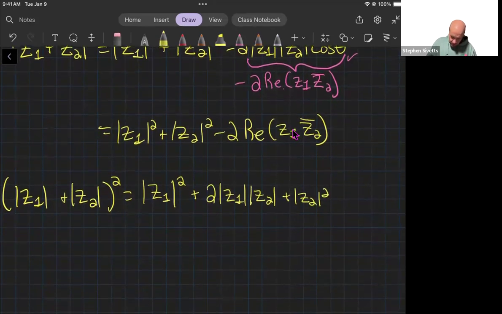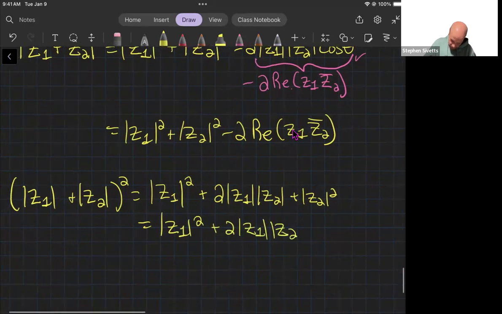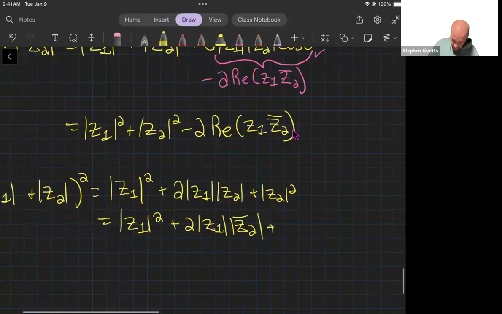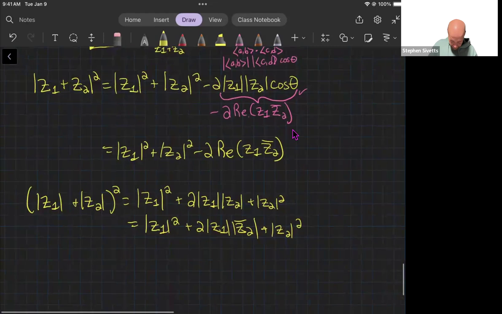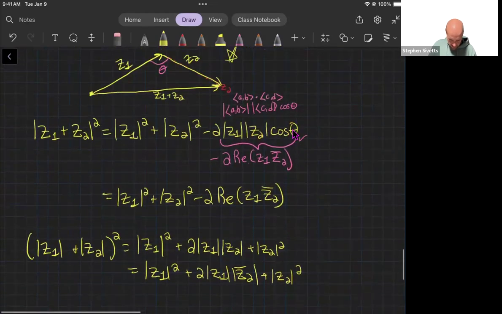And we can also rewrite this as the modulus of Z1 squared plus 2 times the modulus of Z1 times the modulus of Z2 conjugate, since the modulus of Z is equal to the modulus of its conjugate, plus the modulus of Z2 squared. Okay. We're almost there.